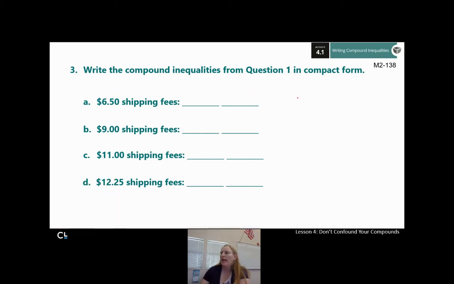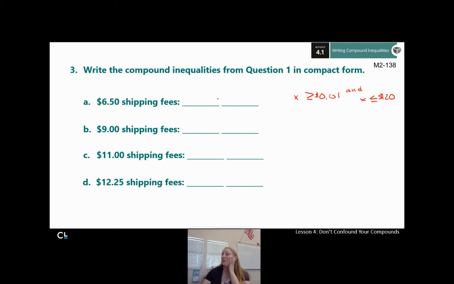So on part A, we wrote that X was greater than or equal to 1 cent, 0.01. And we said that X was less than or equal to 20. So that means X is everything between 1 cent and $20.